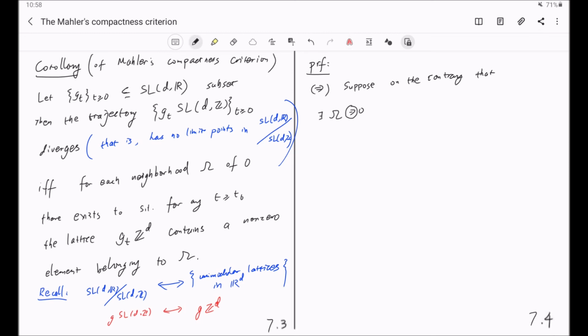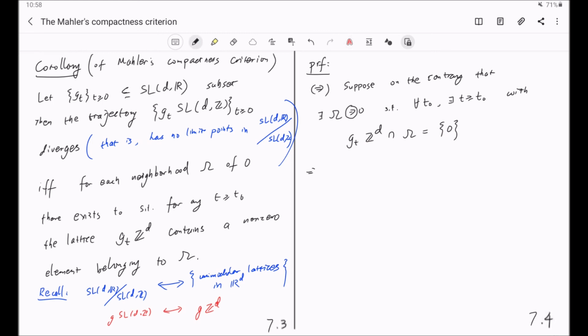Such that for any t0, there exists a t greater or equal to t0 with g_t Z^d intersection omega trivial, namely it only contains the origin.